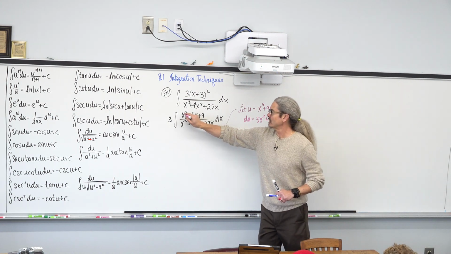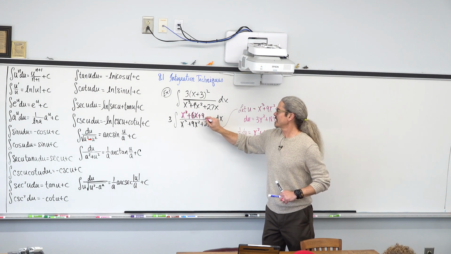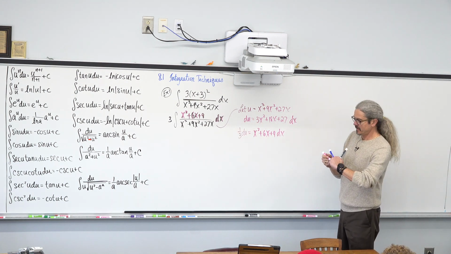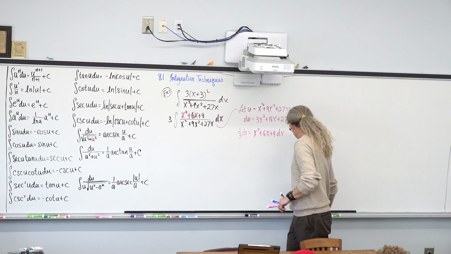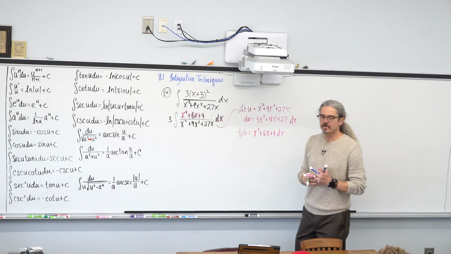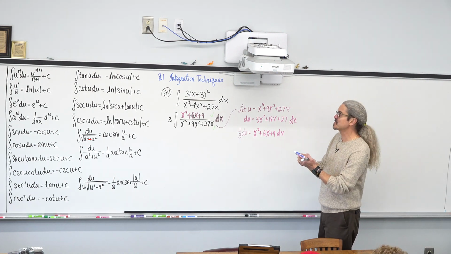And there is our x squared plus 6x plus 9 dx. We are literally looking at an integral in the form of u prime over u. So the integral of u prime over u is natural log of the absolute value of u.